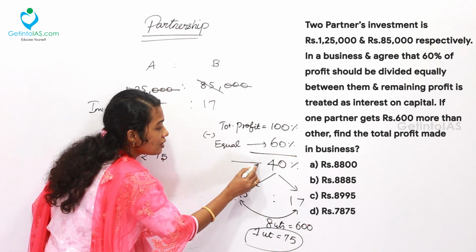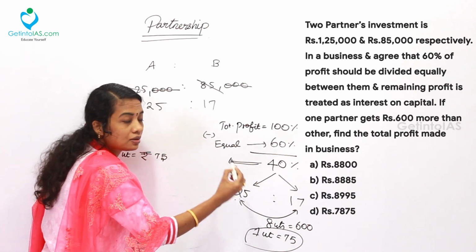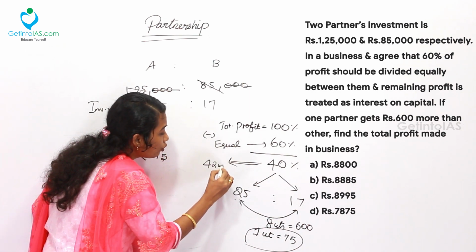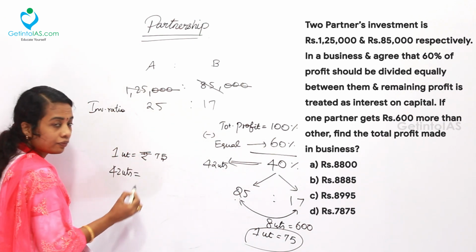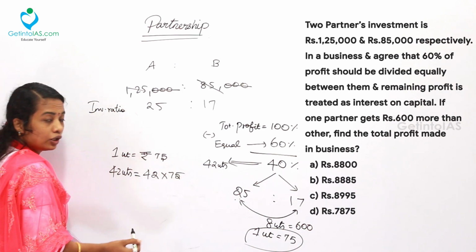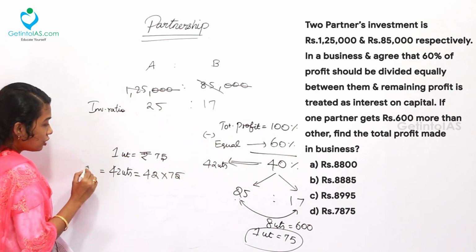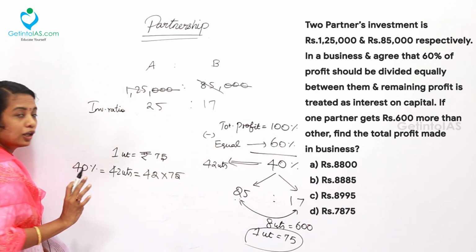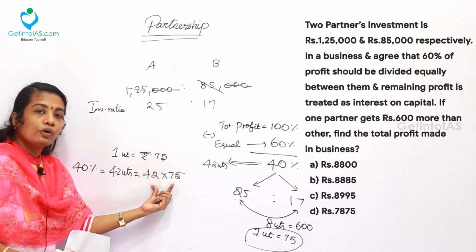So how many units does 40% have? 25 plus 10 is 35, 35 plus 7 is 42 units. So let me take 42 units. So this 42 units will be equal to the 40% of the share. That's all. So 40% is the same as 42 units, which is equal to 42 into 75.